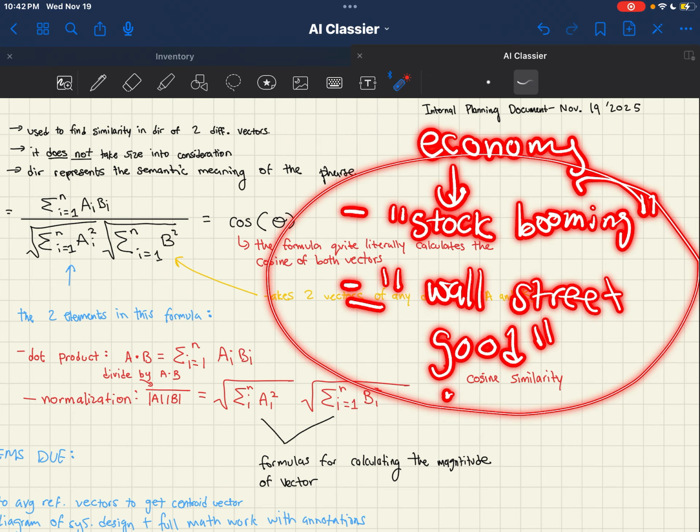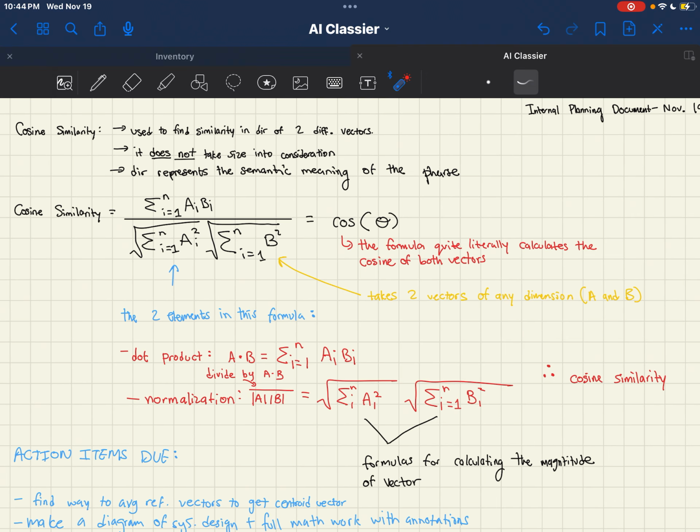That's because the actual text is more general, more broad, rather than more narrow when you specify it to only a couple of sentences. So that's why I want to find the average of these reference vectors in some way which makes sense.